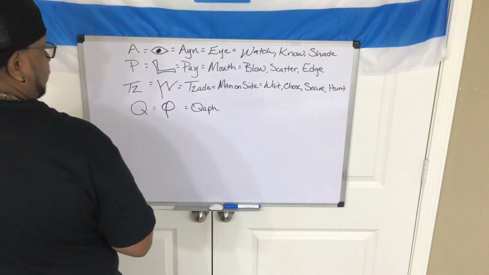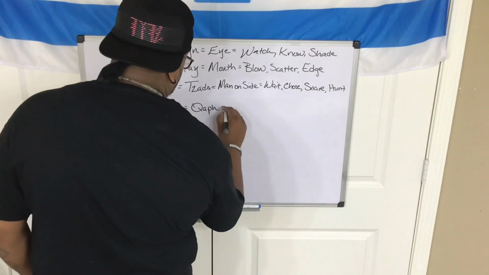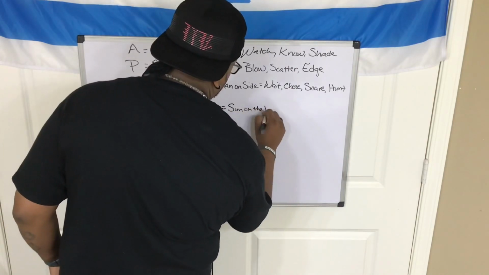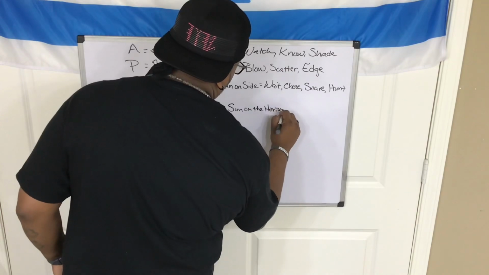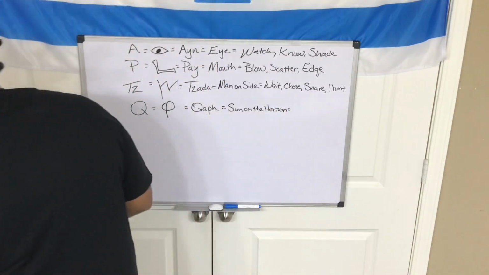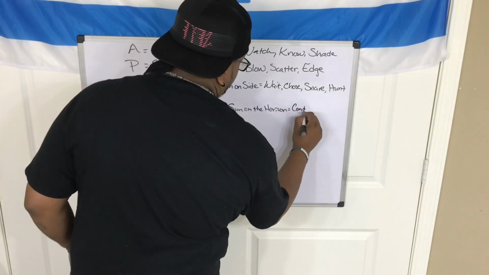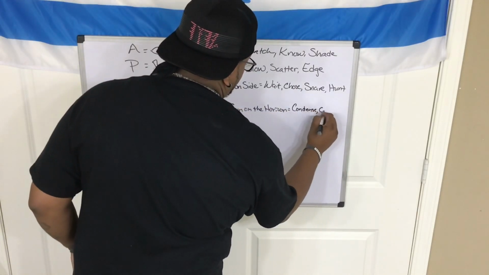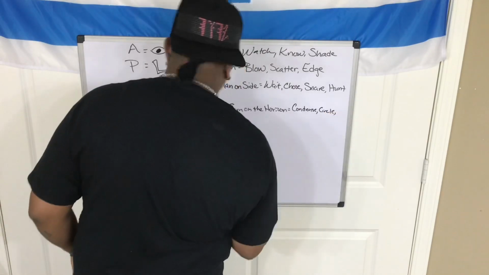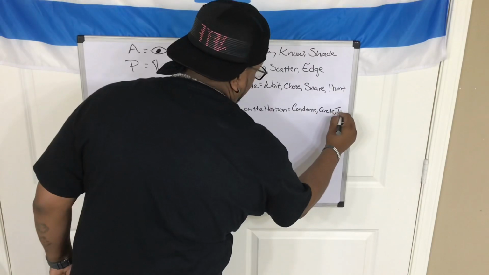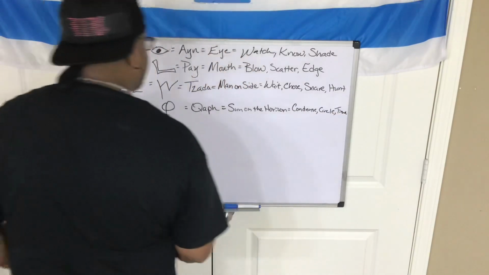The Qof represents the sun on the horizon. It means to condense. Circle. Time.